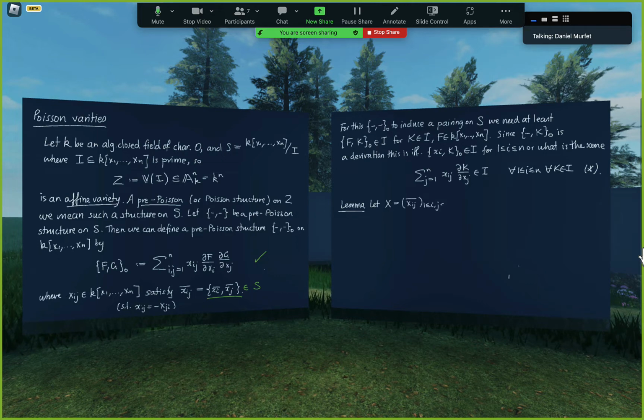That is, if you have an antisymmetric matrix with some representatives xij, and star holds for those representatives, for any choice of representatives or any particular one, that's the same.